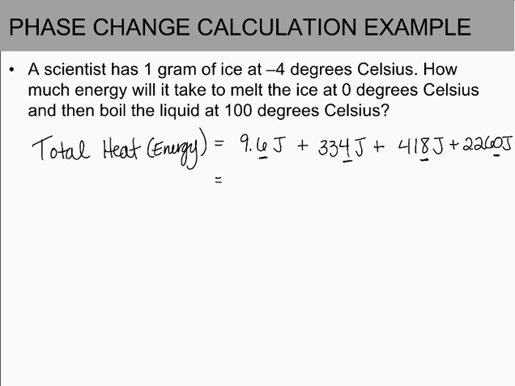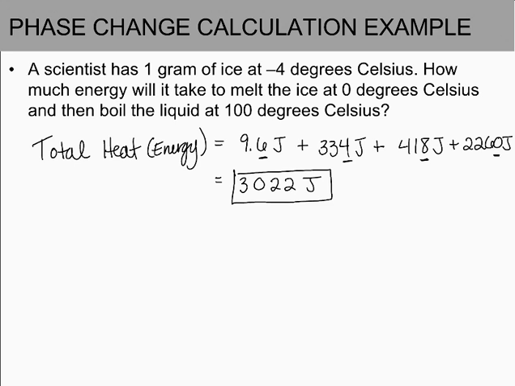So what we'll do is round our final value to the ones place, because remember, we can't be more accurate than our least accurate measurement. So when we add all of these values together, we get 3,022 joules. That is quite a bit of energy when we put it all together.